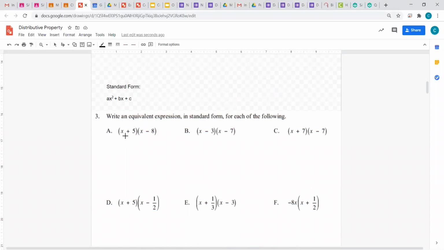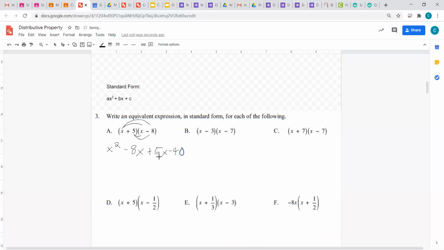Again, I'm going to use the FOIL method. So first you multiply these two together. You multiply these two together. Okay, what do I get? X times x, x squared. X times negative 8 is minus 8x. The outside part, we're using FOIL. 5 times x is 5x. 5 times negative 8 is negative 40.